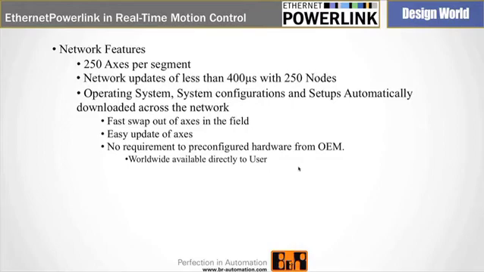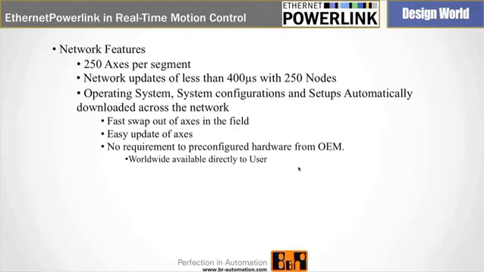So, for example, we're talking about drives today, so if we had a drive out in the field that was faulty for some reason, say someone poured coffee in it, the drive can easily be swapped out, purchased from a local distributor or vendor, plugged into the system, and then the operating system would either be upgraded or downgraded depending on the application program, and all of the parameters would automatically be transferred to the drive.